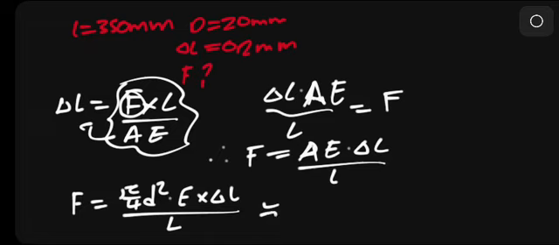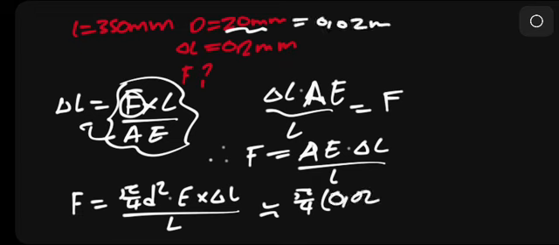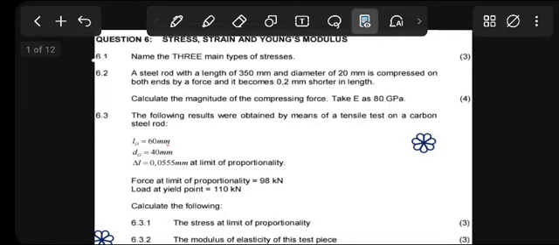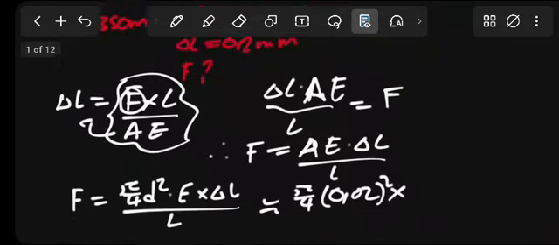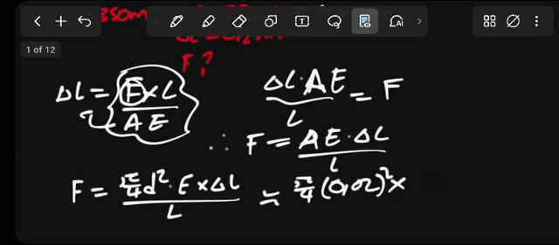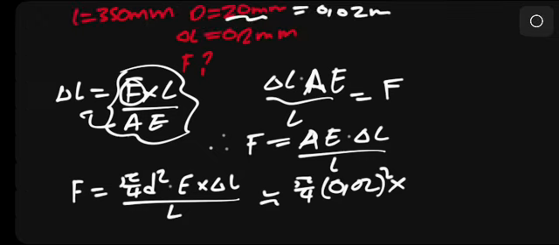If we substitute this, we will have pi over 4. Our diameter is in millimeter, so divide by 1000 and it becomes 0.02 meter. We have to square that, multiplied by Young's modulus, which is 80 gigapascal, so 80 times 10 to the power of 9.